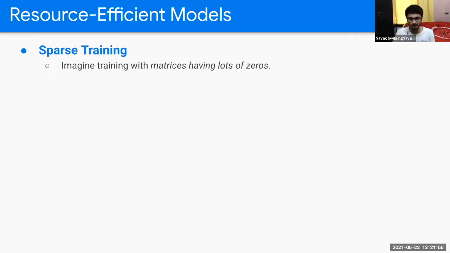They are primarily based on one data structure, that is matrices, right? And imagine training a neural network that has matrices containing lots of zeros, right? So that's what a sparse tensor is.